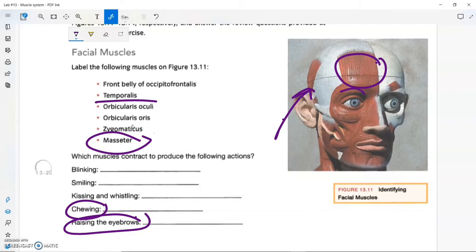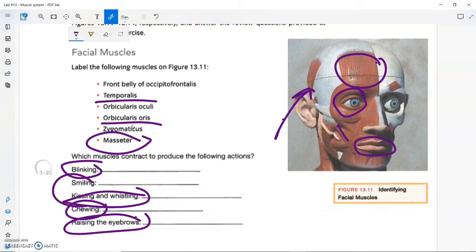Orbicularis oculi is a circular muscle around your eye, which is responsible for blinking, and orbicularis oris is a circular muscle around your mouth that's responsible for whistling. Zygomaticus is shown here. Okay, so this is the muscle that's responsible for smiling.